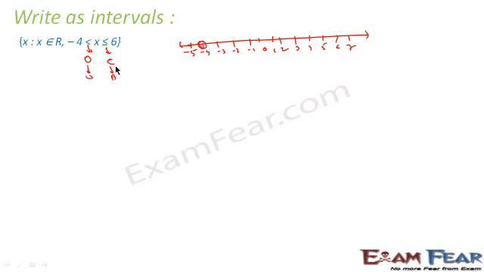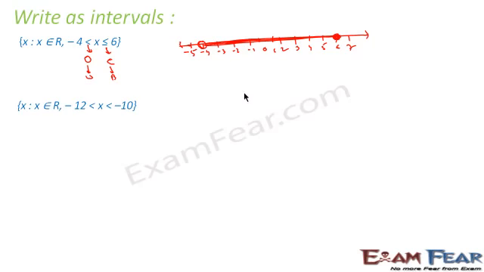And 6 is a closed endpoint, so I'll darken this. Correct? Whatever you get between this and this is the answer. So this is the representation of x greater than minus 4 and less than or equal to 6 in open and closed interval format.